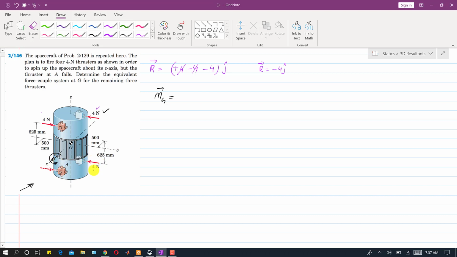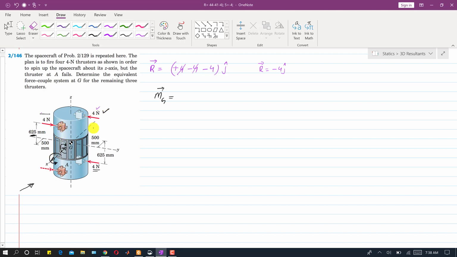And if we find the direction of the moment produced by this other 4 Newton force, this will be the direction, and if we curl our right hand fingers, this will be clockwise moment, and the thumb will point out in this direction. So both of these are producing the same moment but in the opposite direction, so they will cancel out each other. As we can see, this 4 Newton force has some perpendicular distance, this 625 mm, so again it is producing some moment about the x-axis.